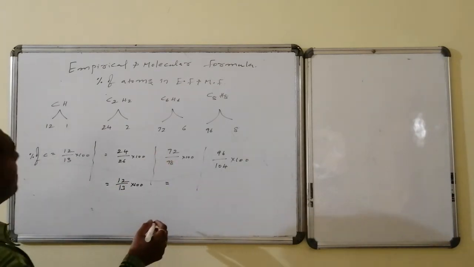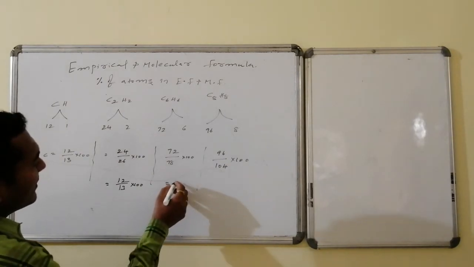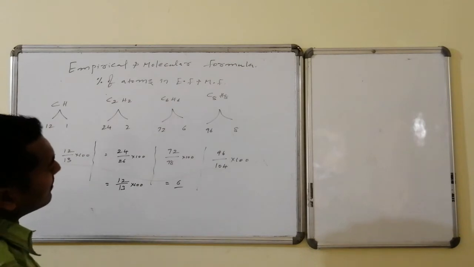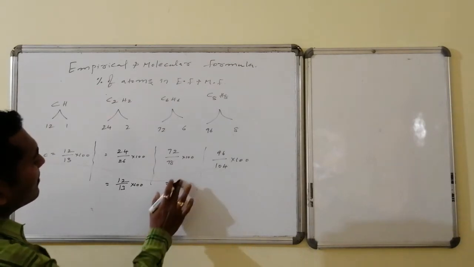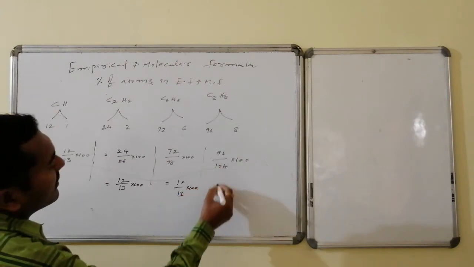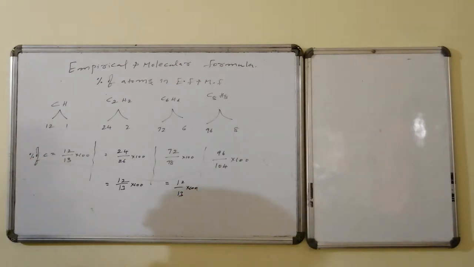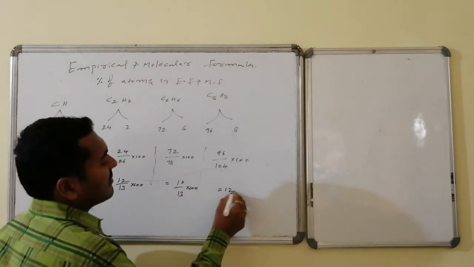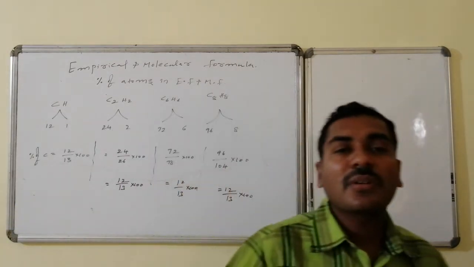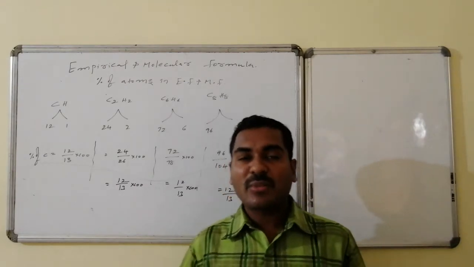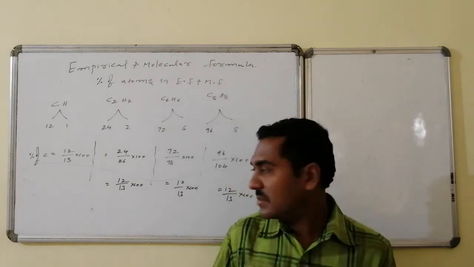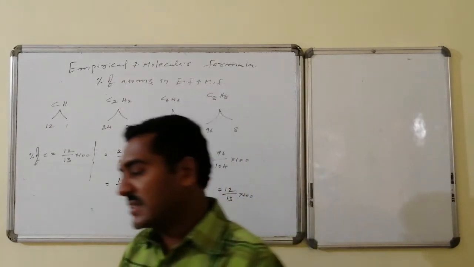Similarly, if I divide with 6, and here if I divide this one by 8, we get 12 by 13 into 100. Therefore, whether the formula is the empirical formula or the molecular formula, the percentages of atoms of elements remain the same. Similarly, let us go for the hydrogen, percentage of hydrogen.